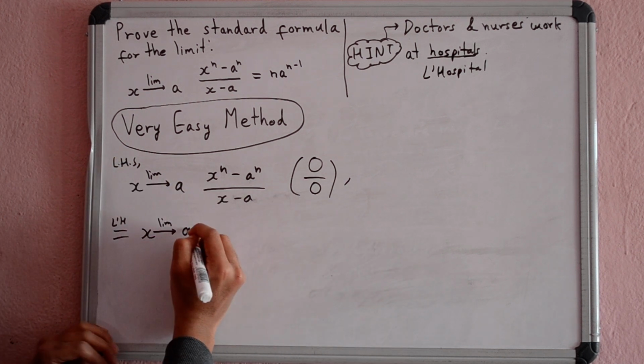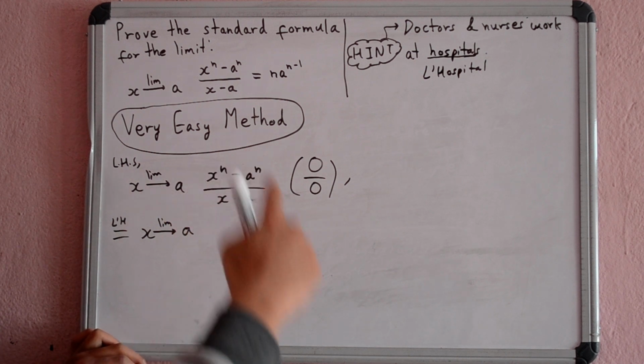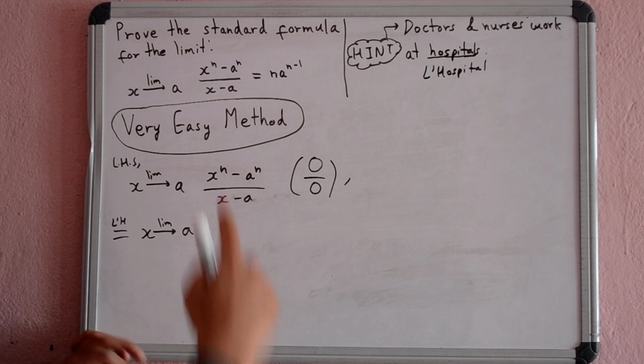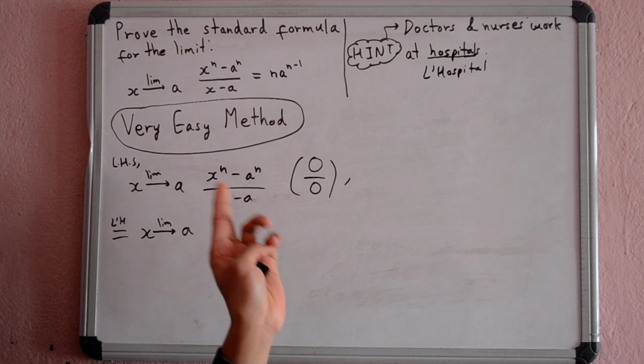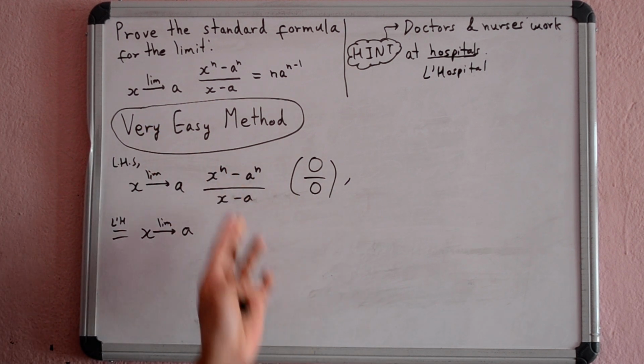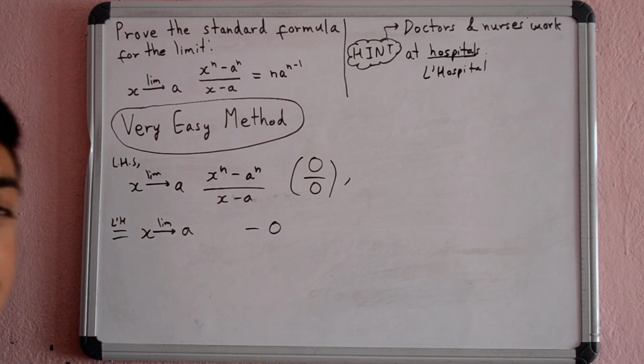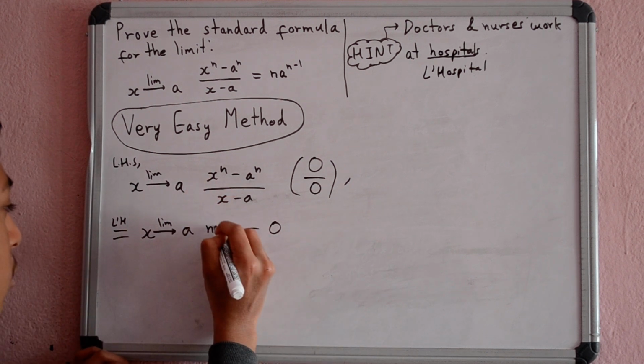Now, the derivative of the numerator, a to the power n. Well, a in itself is also a constant, so this part is 0, and x to the power n. Well, it's just taking the derivative or using the power rule. This is the literal definition of the power rule.